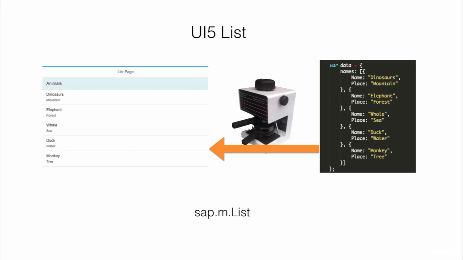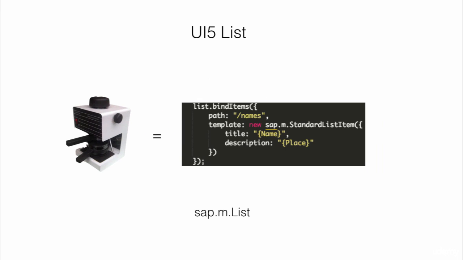And that something is called data binding with aggregation. When you talk about aggregation, the aggregation function which is being used here is bindItems. So here we are trying to create multiple items, and when we provide a path to it, it will go inside the path and see all the data objects which are present, and as many data objects as are present, it will create that many items with the template you provided.